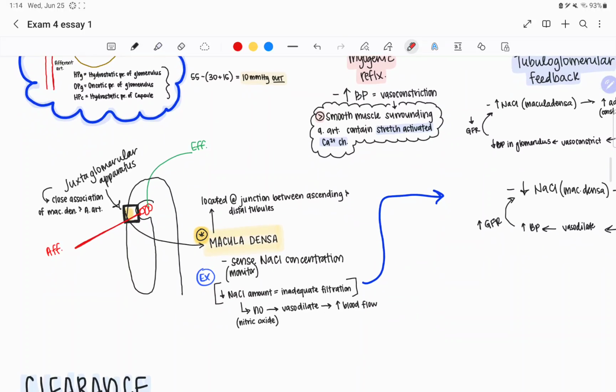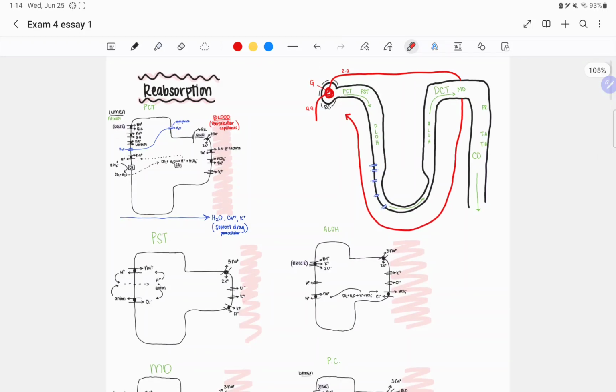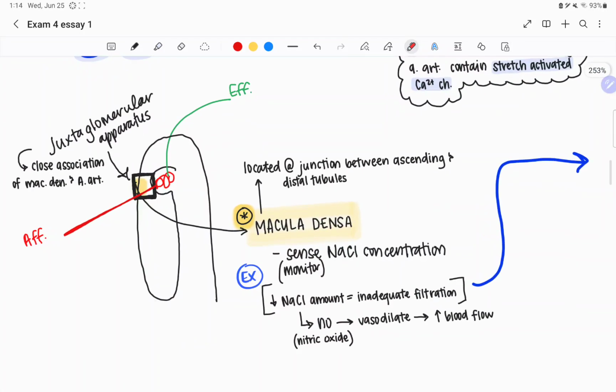I just have some information here about the macula densa. I'm not really going to go into it. I can just talk about this really quick. My drawing up above is like unfolded. This is a little bit of a more accurate picture, super simple though.